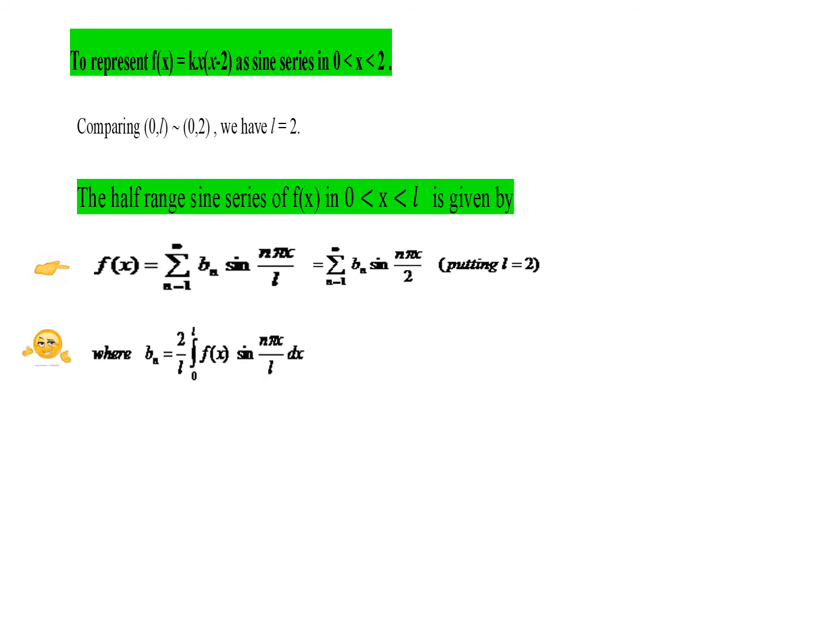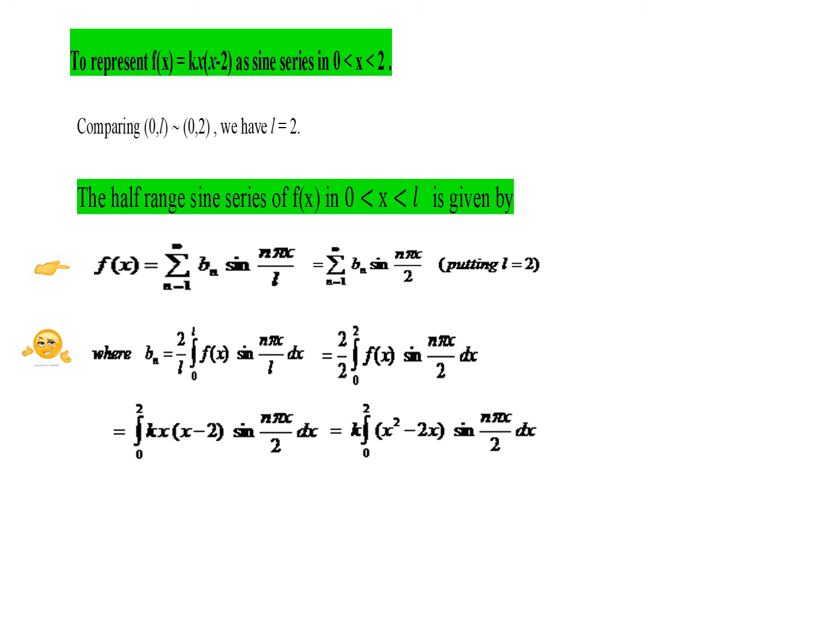So now the bn formula is 2 by L integral 0 to L f of x sin n pi x by L dx, which, substituting the value of L as 2, we get this. And now let us write what f of x is: kx into x minus 2 into sin n pi x by 2 dx. Now multiplying the first term x into x minus 2 and taking the constant k out, we get this.